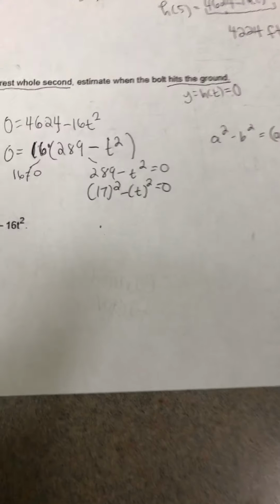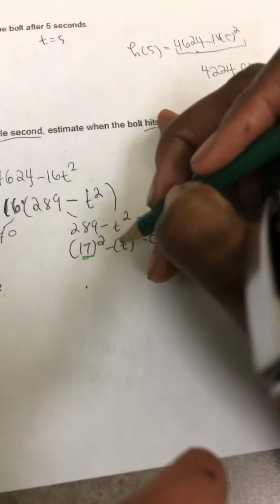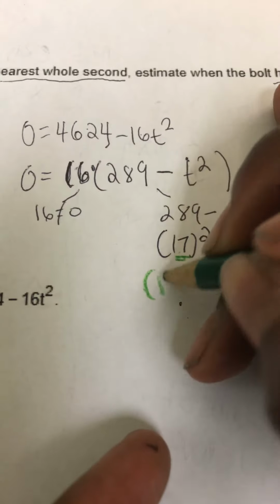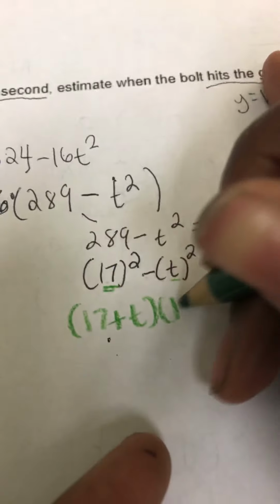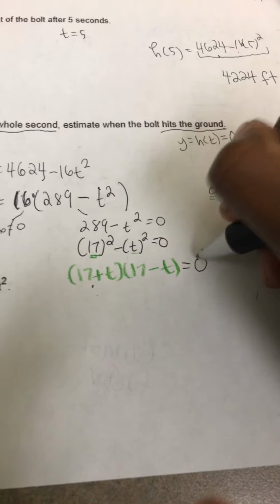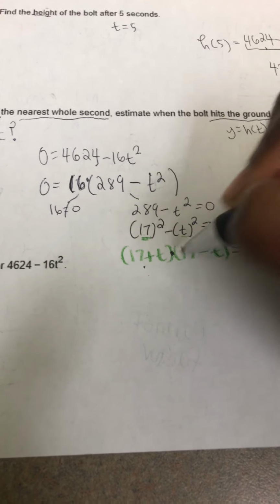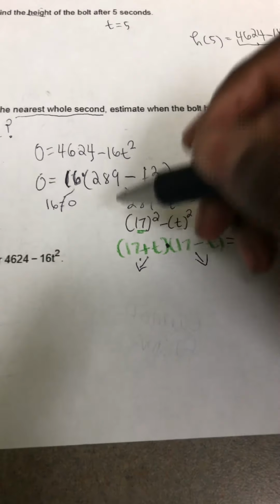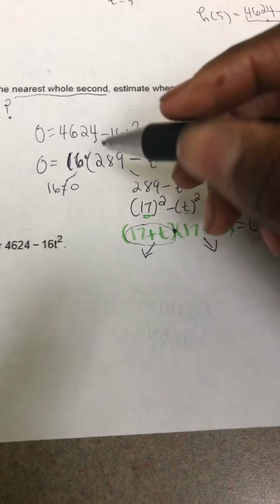So essentially, our 17 is our a, and our t is our b. So now we can rewrite this as 17 plus t and 17 minus t. And that is still equal to 0. So now again, we have something times something equal to 0. So we set both of these somethings equal to 0. The trick is to look to see what t would have to be to make this 0, and you would take the opposite sign.